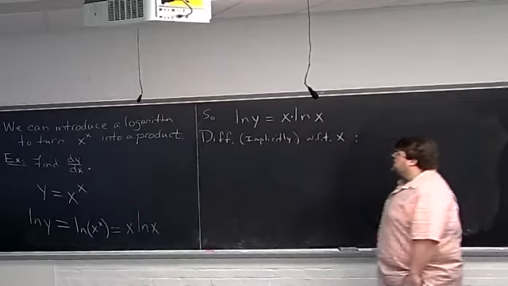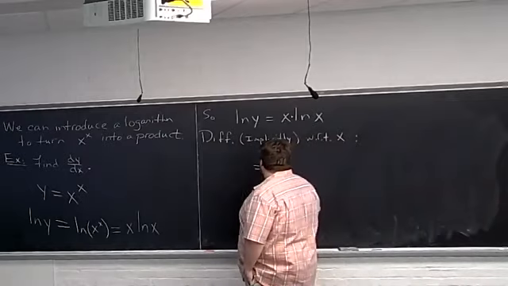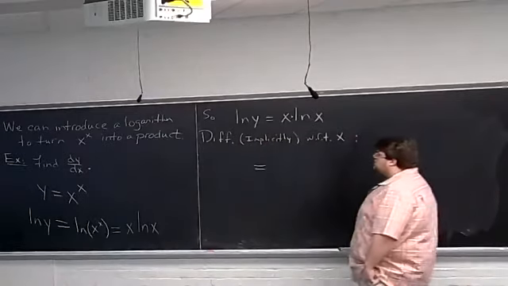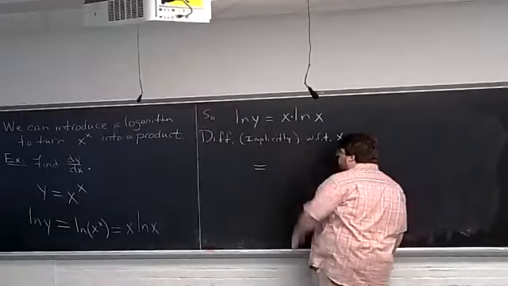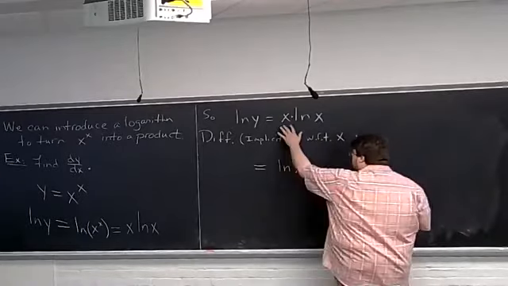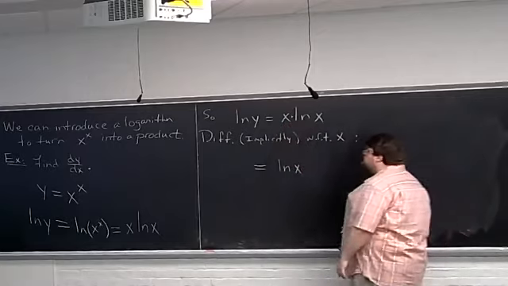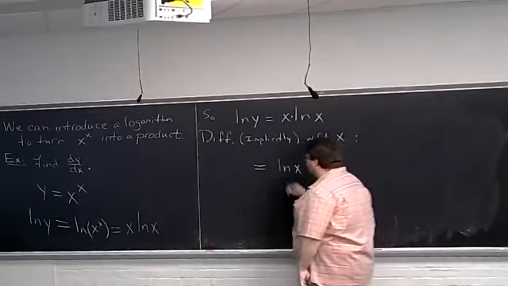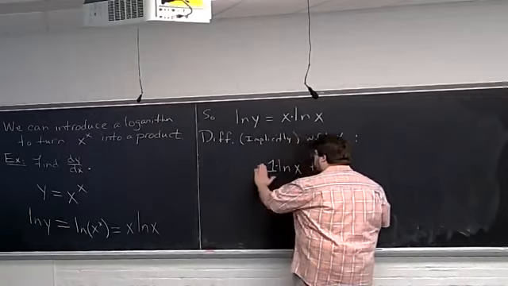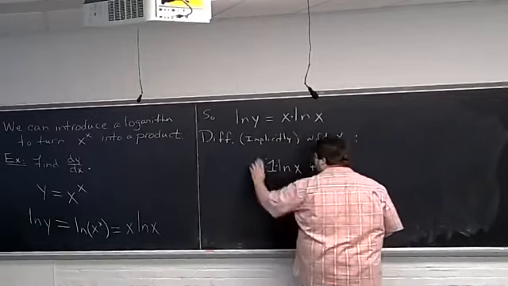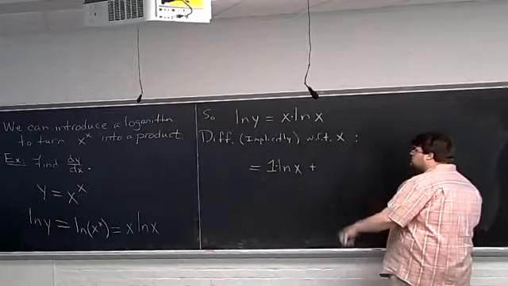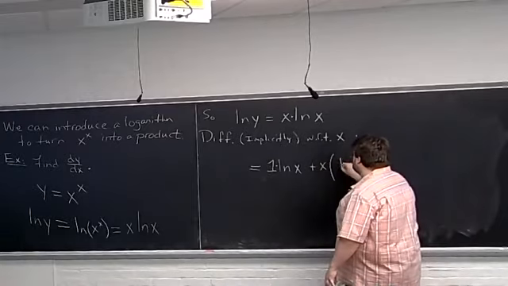And what do we get? Well, on the left side, we'll do that in a moment. On the right side, we have a product. Use the product rule. Derivative of x is 1, so 1 times log x plus the first times the derivative of the second.